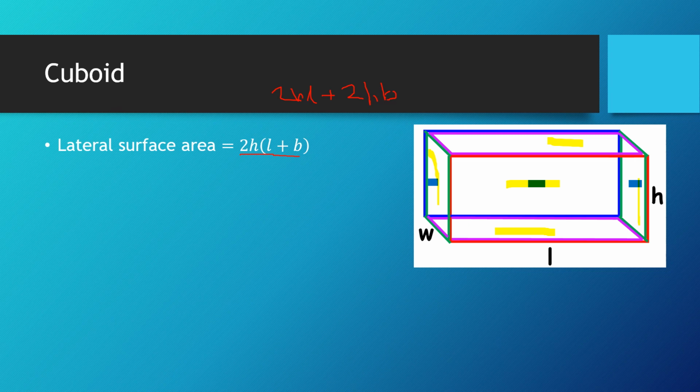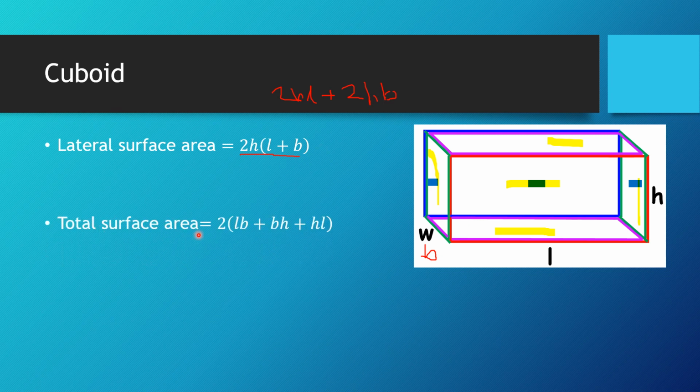Am I right? The W means B, okay? So what will be the area of lateral walls of cuboid? It will be 2HL, that is this front rectangle, L into H, and the same with the back rectangle. Then 2HB, this one and this one. So it becomes 2H(L plus B). I can take H common, 2H times (L plus B).